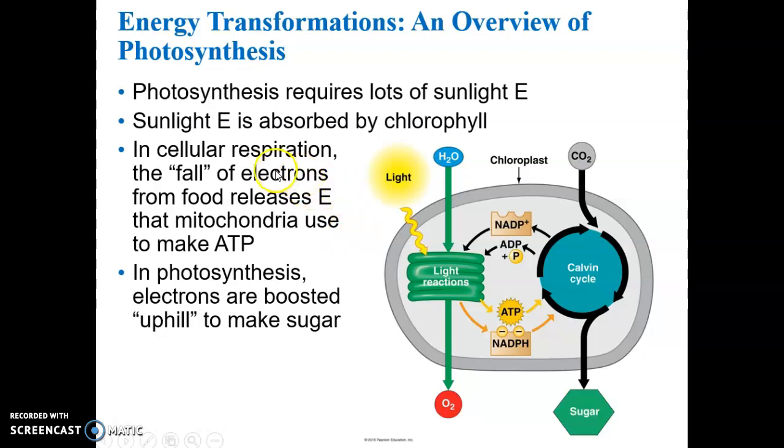So in cellular respiration, it's the energetic fall of electrons that's used to produce ATP. In photosynthesis, electrons are energetically boosted up by the light that provides energy, right? The energy in sunlight. And then those amped up electrons are utilized to produce the sugars at the Calvin cycle that we'll look at.